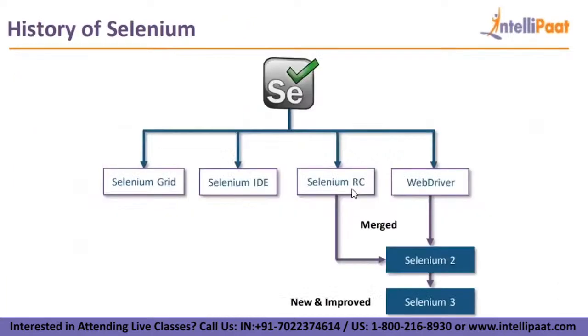All right. Now, if you were to summarize how Selenium components came to be in the perfect shape and size that we use today, it is like this: earlier there were 4 components which were devised: Selenium Grid, Selenium IDE, Selenium RC, and Selenium WebDriver. Then Selenium RC and WebDriver were merged, right?